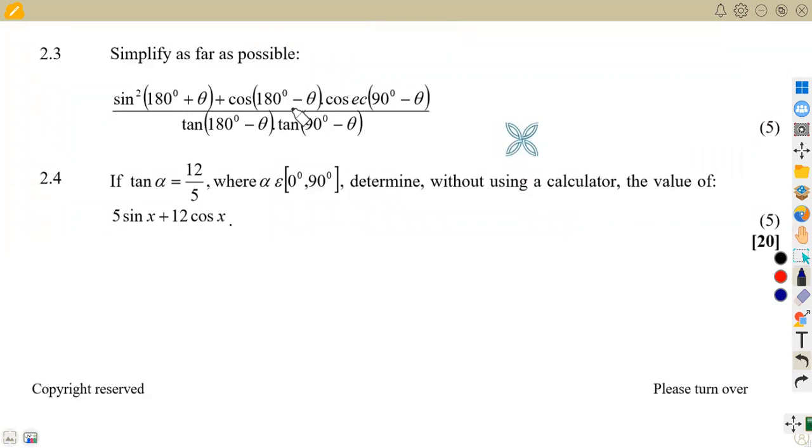Okay. So 180 plus theta is an angle that we see in the second quadrant, from our identities. From the CAST concept, or from All Students Take Calculus, sine is positive in this quadrant. So this means it is going to be sine of theta, being positive as it is.